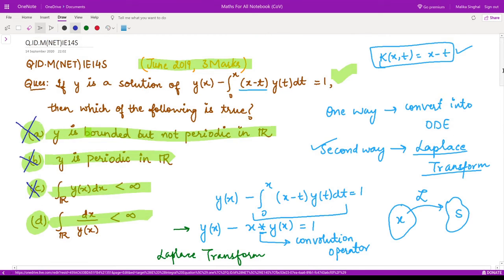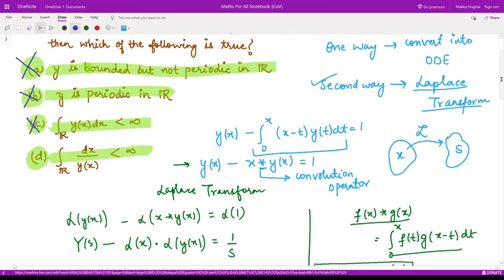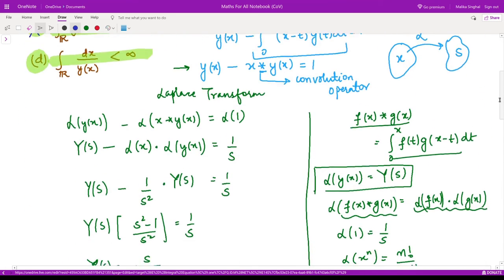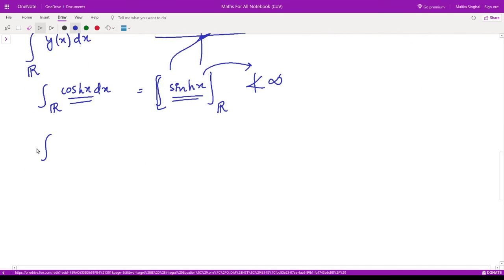Moreover, we have to check the fourth option, although this should be correct because all three are wrong, but for the sake of completeness, let us just do it. So the fourth option is integration over the region R, dx divided by y of x, right? You can write cos hyperbolic x as e to the power x plus e to the power minus x divided by 2.